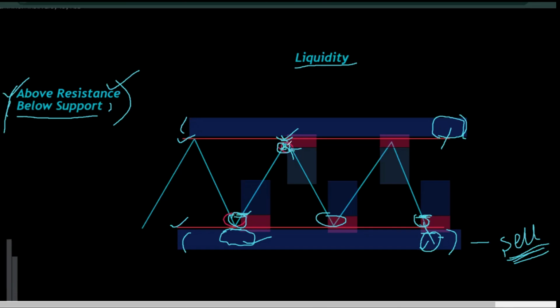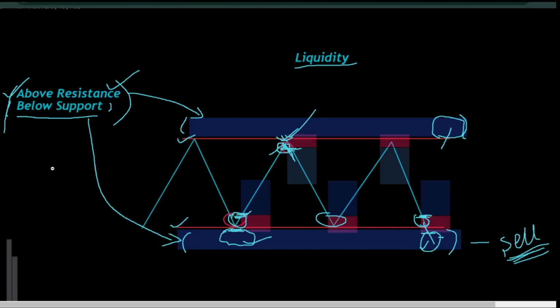Because if price faces resistance, then definitely people are gonna short it. Their stop losses will be placed above the resistance. Hence, above resistance, we have a lot of liquidity, and in case of support, people buy over here by keeping their stop losses below the support. Hence, below support, we get a ton of liquidity over there.